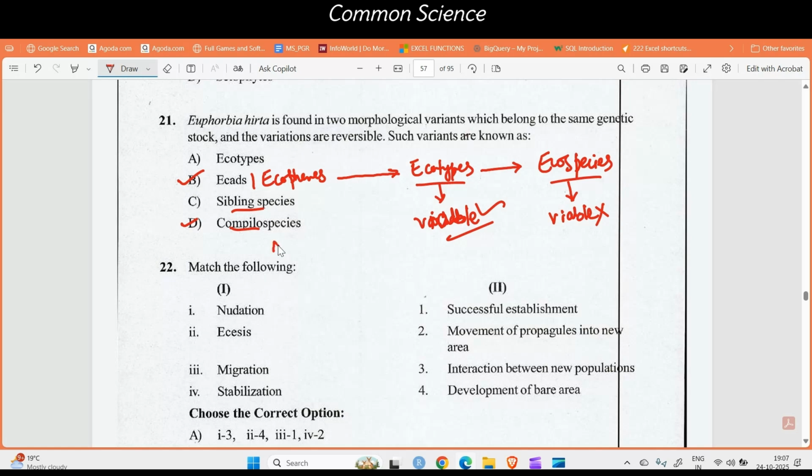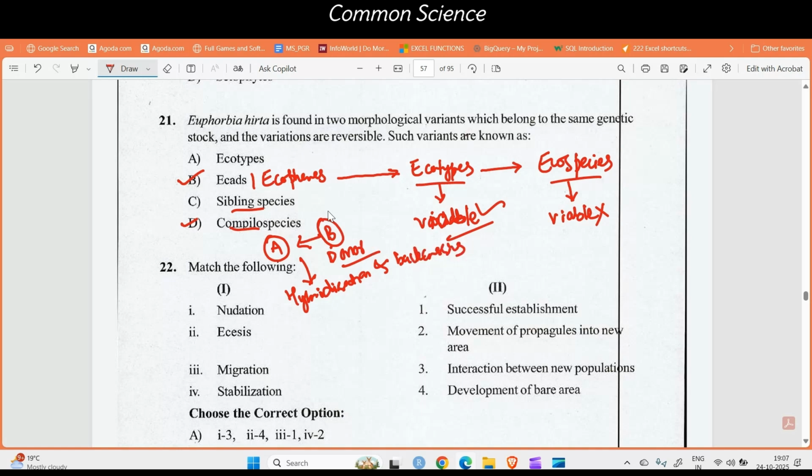So, suppose this is an aggressive species, it steals its genetic material from this other species. So this species is regarded as the donor, and this compilospecies steals the DNA, steals the genes. How can it steal these genes? By hybridization and backcrossing.